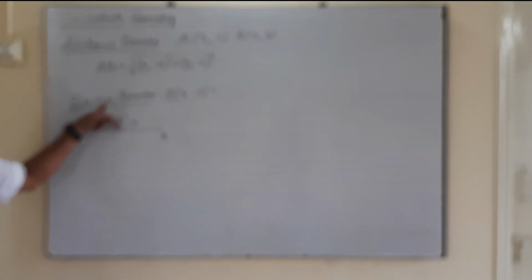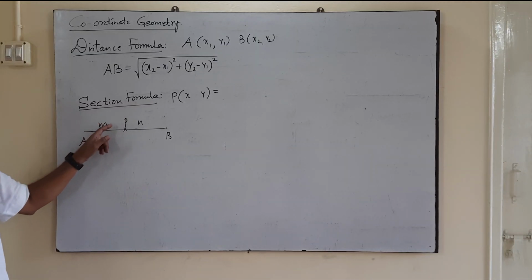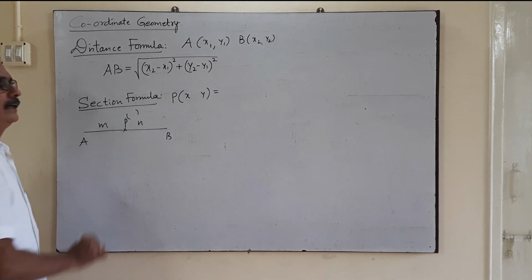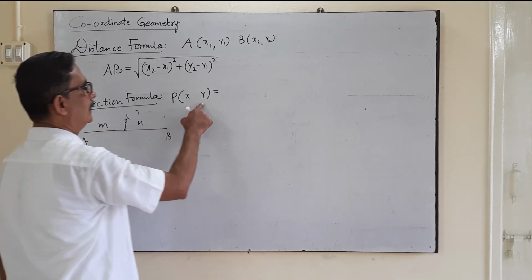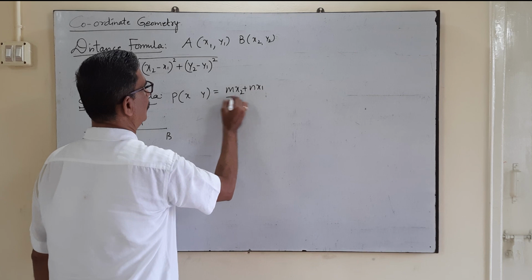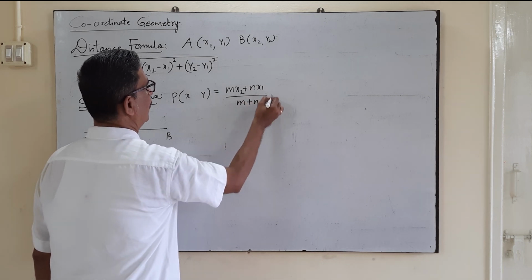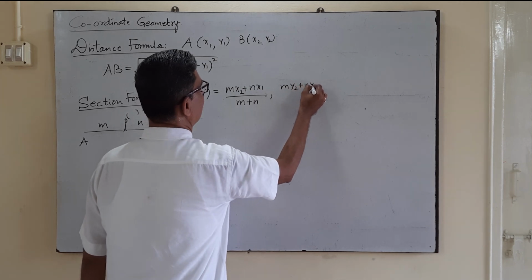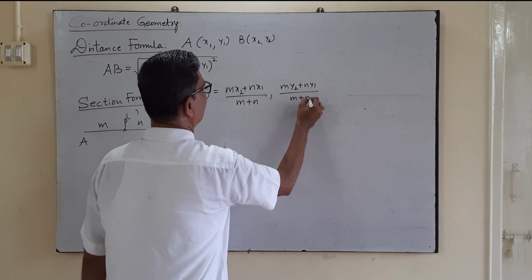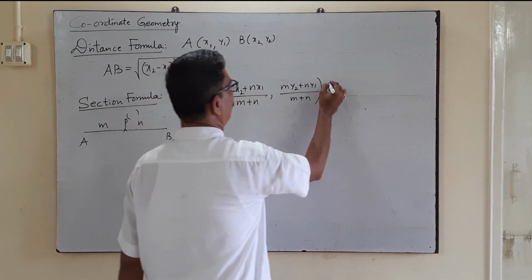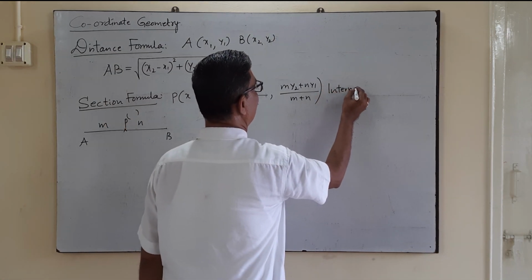P ಅಂತಕ್ಕಂಥ ಪಾಯಿಂಟ್ AB ಲೈನ್ ಅನ್ನ ಡಿವೈಡ್ ಮಾಡಿದಾಗ m is to n ಪ್ರಮಾಣದಲ್ಲಿ ಡಿವೈಡ್ ಮಾಡಿದಾಗ what are the coordinates of point P? Now coordinates of point P is equal to, what is the formula? (mx2 plus nx1) divided by (m plus n), whereas (my2 plus ny1) divided by (m plus n). This is the section formula if it is internal.